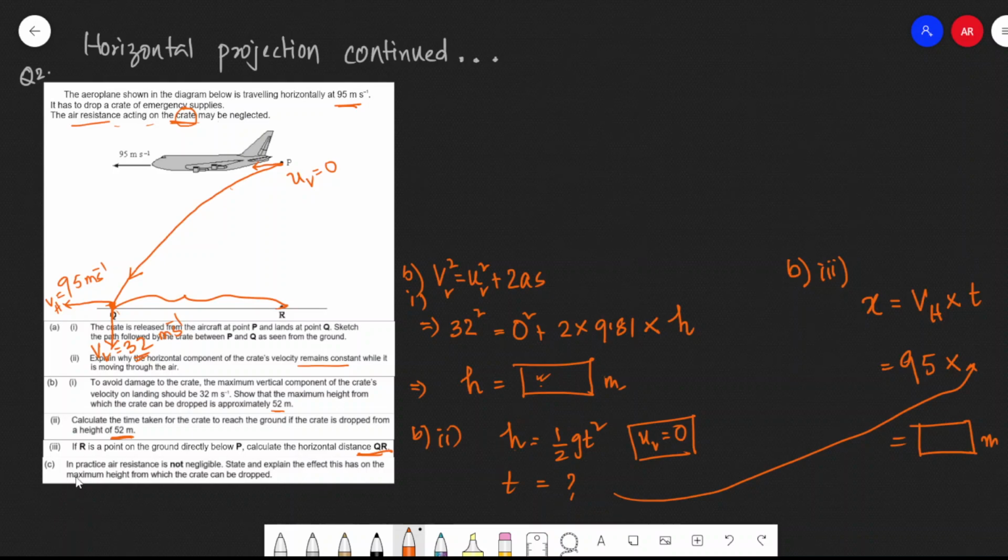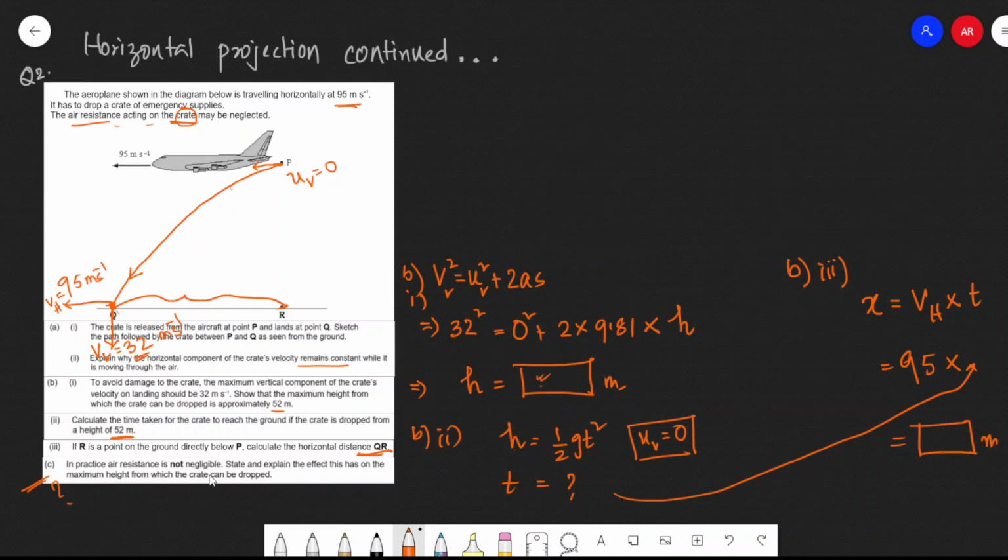Now C: in practice air resistance is not negligible. State and explain the effect this has on the maximum height from which the crate can be dropped. What is it going to be? Think. At what height is the object now supposed to be dropped so that its vertical velocity does not exceed 32 meters per second in practice, where air resistance is not negligible?